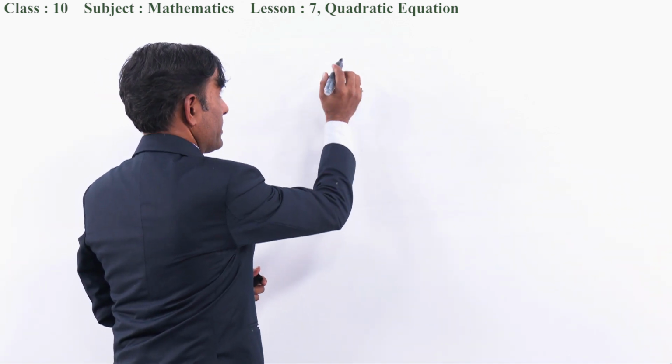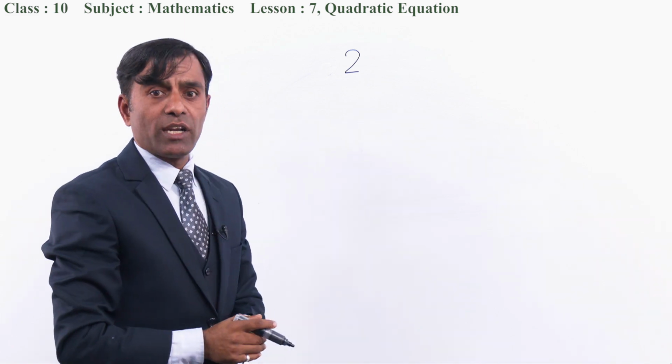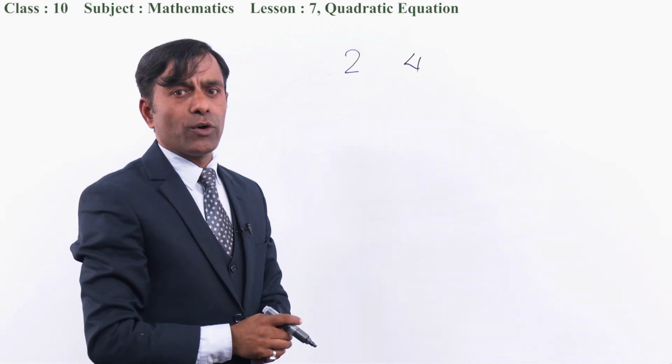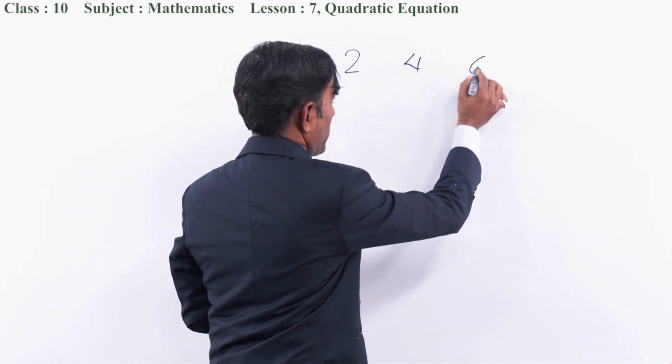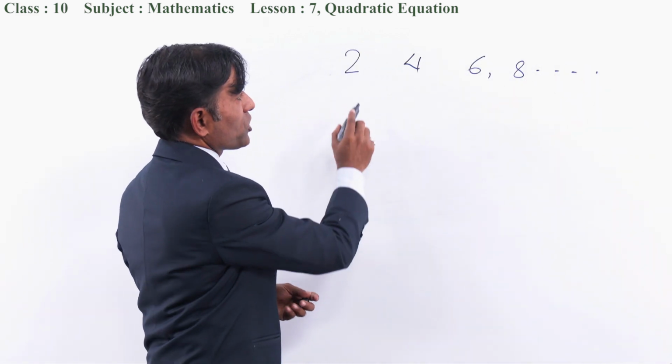One starting even number is 2, the first natural even number. After 2, the next consecutive even number is 4. After 4, the consecutive even numbers are 6 and 8 and so on. What is the difference between them?